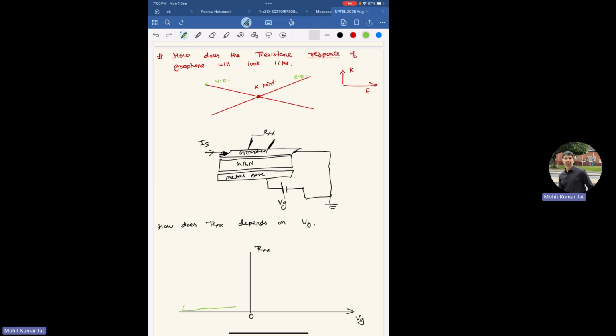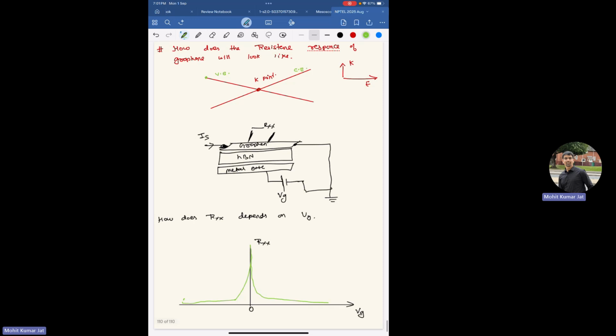But when you come near the K point, the density of states is very low. Actually, it's zero. So what will happen if your density of states is zero there? Your RXX will peak at this point. And then if you keep adding electrons, it will go into the conduction band and then go like this.